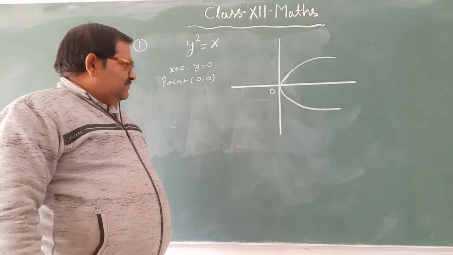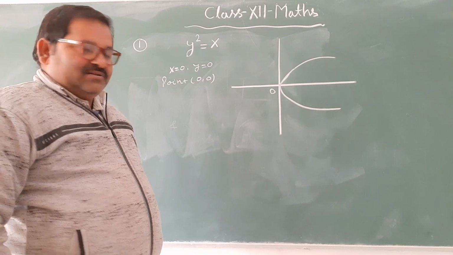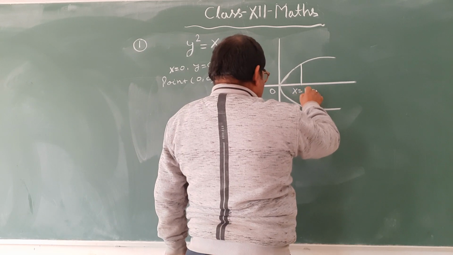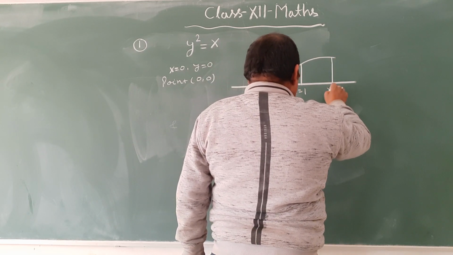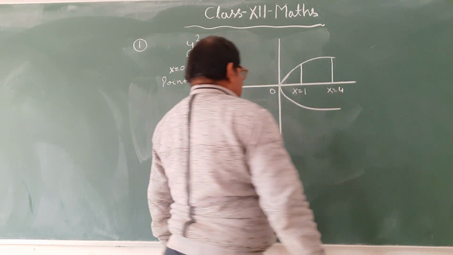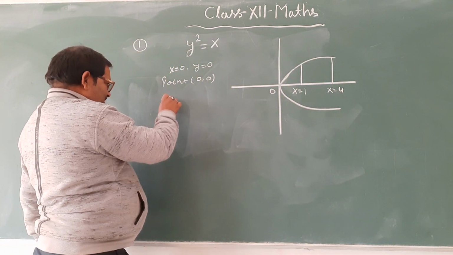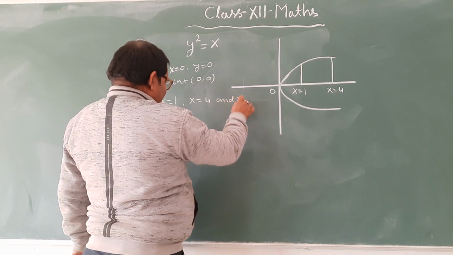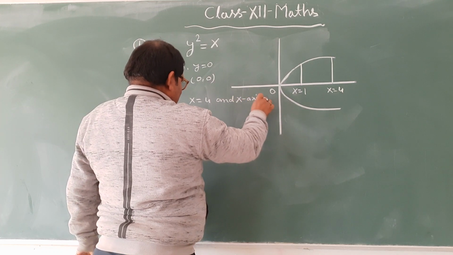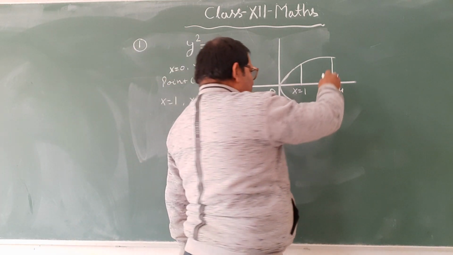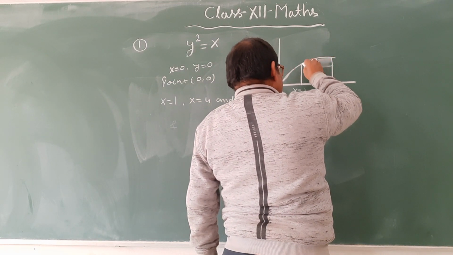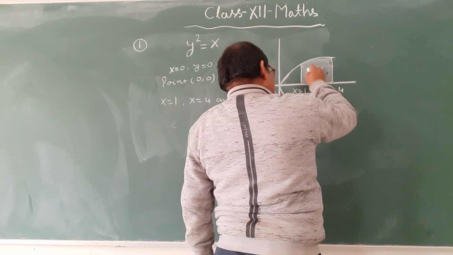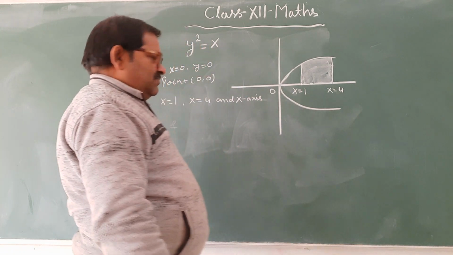And the lines x is equal to 1, x is equal to 4 and x axis. So the region bounded by the curve is the shaded region.